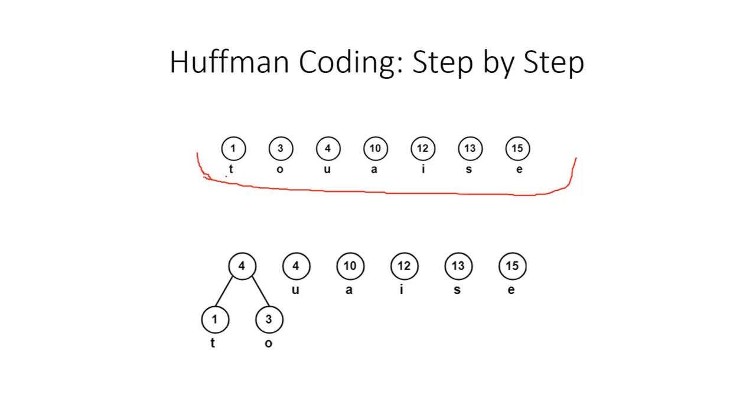As you can see, the characters with the least number are T and O. So we merge these two nodes into one tree, and the root of this tree is 4, which is just the sum of the frequencies of T and the frequencies of O.